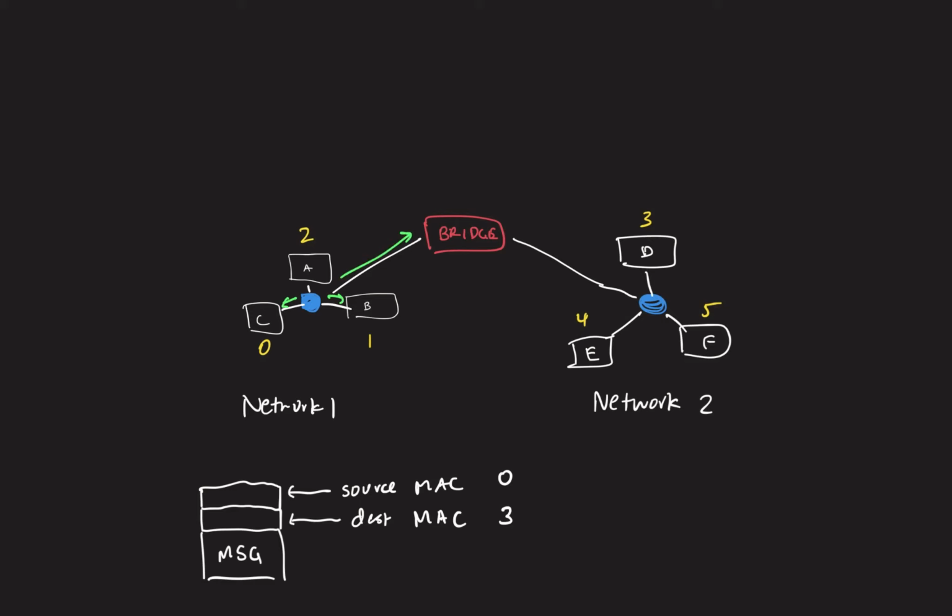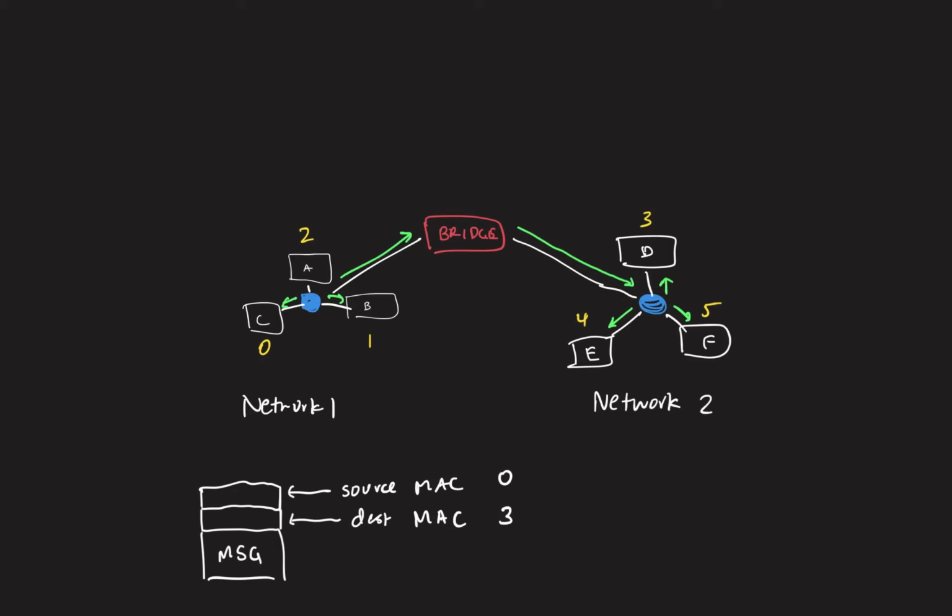Now, the bridge doesn't know whether to forward this message or not to network 2, and so by default, it'll forward it. It gets sent to the hub of network 2, and network 2 sends the message to computer E, computer F, and computer D, our destination address.